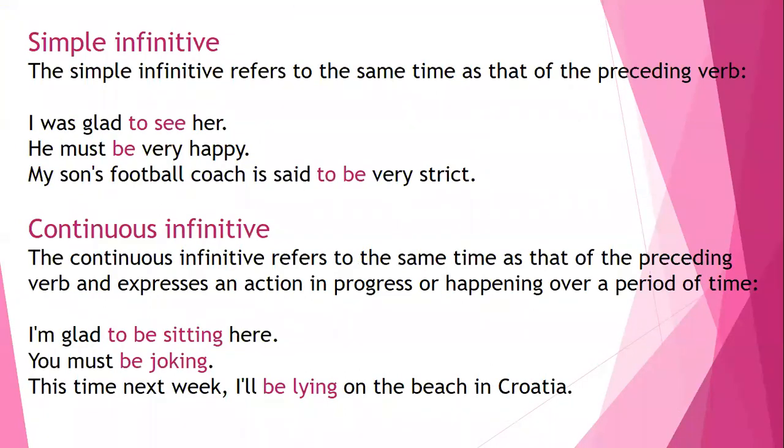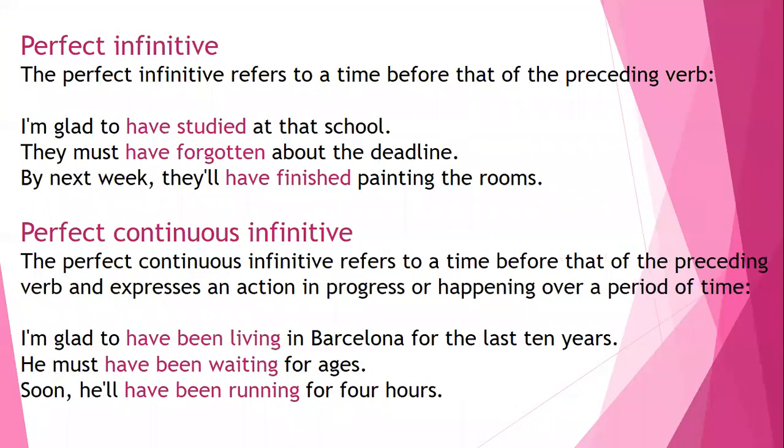And here you can see some examples of using types of infinitive. Simple infinitive: I was glad to see her. He must be very happy. Continuous: I'm glad to be sitting here. You must be joking.